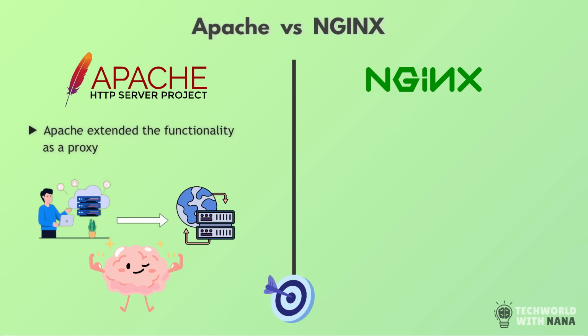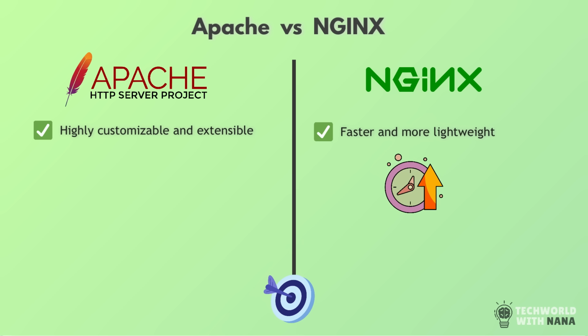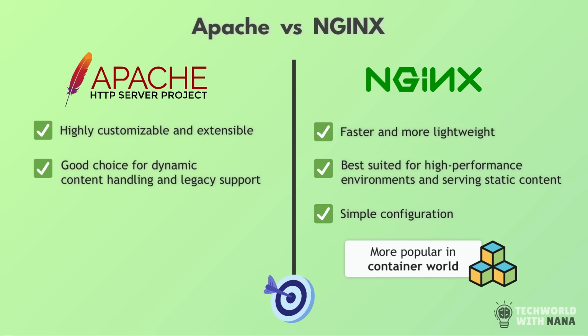And it has all these benefits and functionalities of a proxy that we discussed. Apache was actually already widely used when Nginx was created. And the major benefit of Nginx was that it was faster, more lightweight, and definitely had an advantage when it came to serving huge amounts of static files. Plus, as you saw, it has a pretty easy configuration as well. And Nginx also became more popular in the container world.